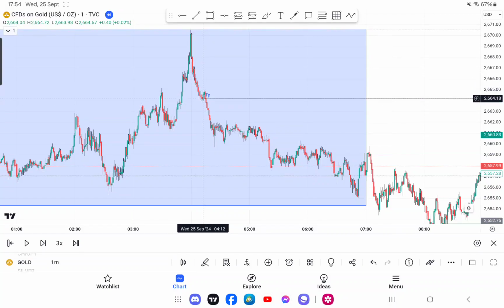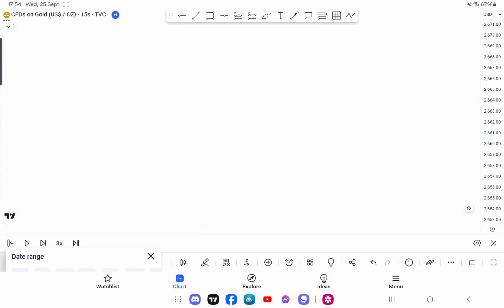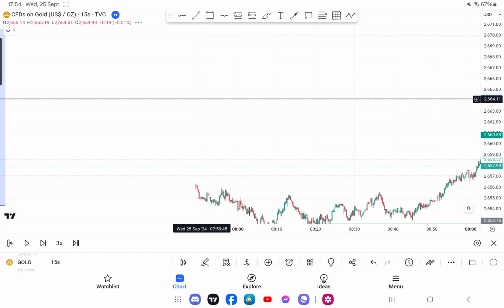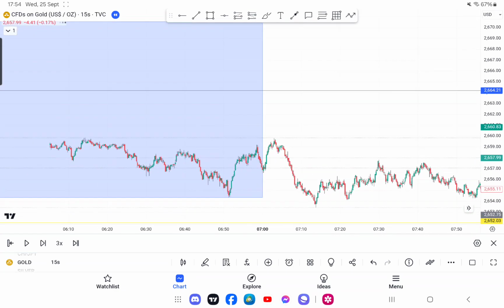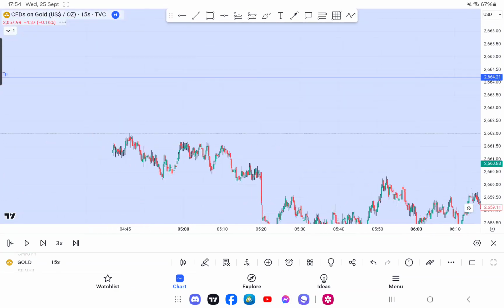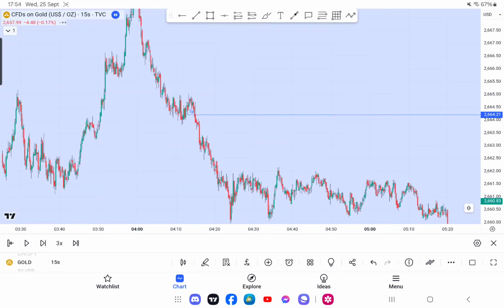Obviously this little up move starts breaking to the downside, so somewhere around about there would be what I would consider a fairly safe-ish take profit target. I'll just double check on lowers to see if there's anything that I can spot.